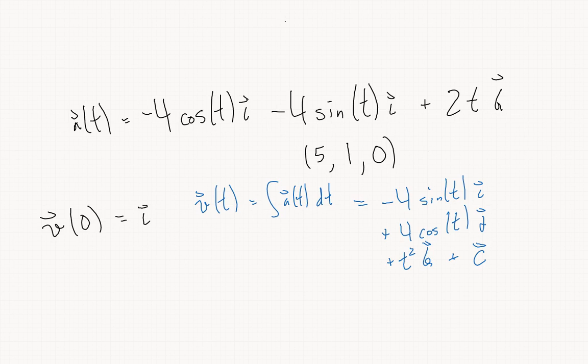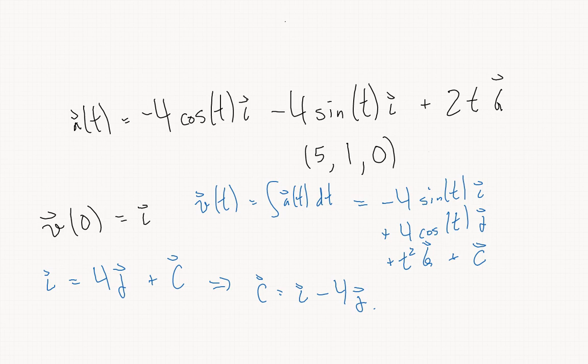Now we're given that v of 0 is i, so we get i is equal to negative 4 sine of 0, which is 0, plus 4j plus c. So c is equal to i minus 4j.